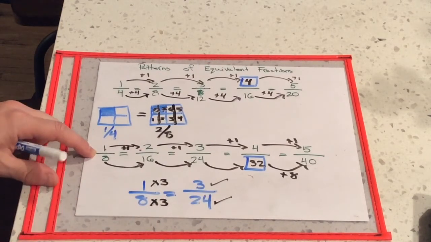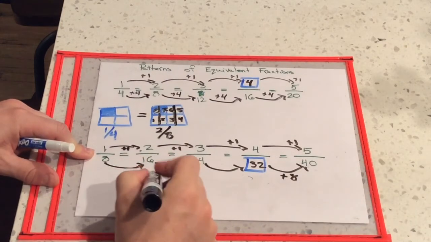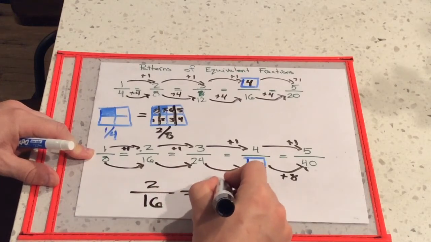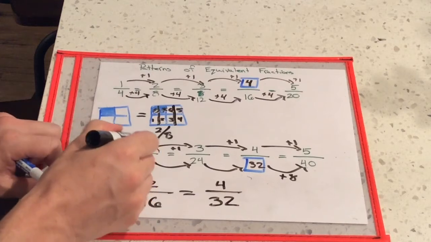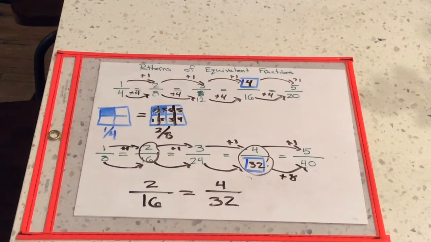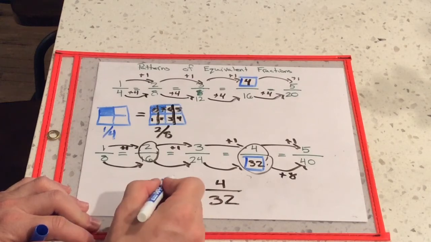We also don't have to start with 1/8 every single time. For example, this time, let's see if these two fractions are equal to each other. Is 2/16 equal to 4/32? Okay. 2 times what will give me 4?